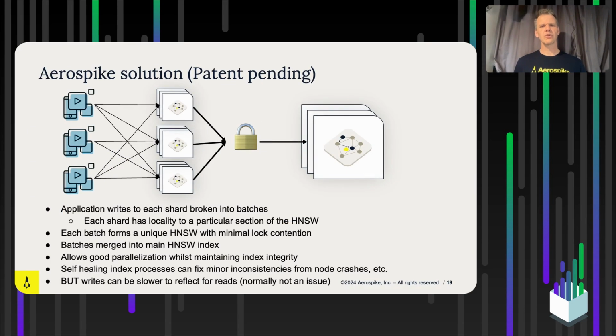So Aerospike, when we went through, we decided to implement our own solution. And what we did was a combination of those two approaches. Remember I said that each one of those indexes is geometrically sharded. What we're going to do is buffer some of the writes to that geometrically sharded part of the data and form a local HNSW.